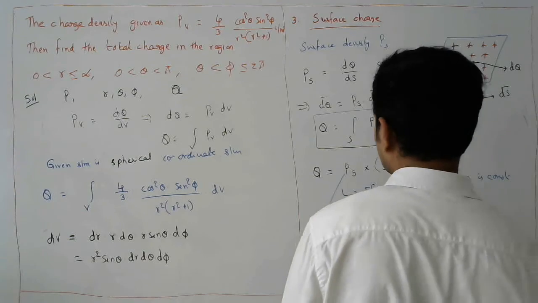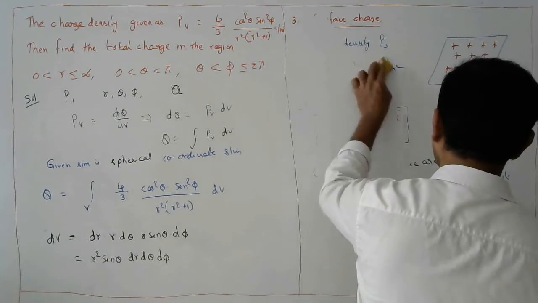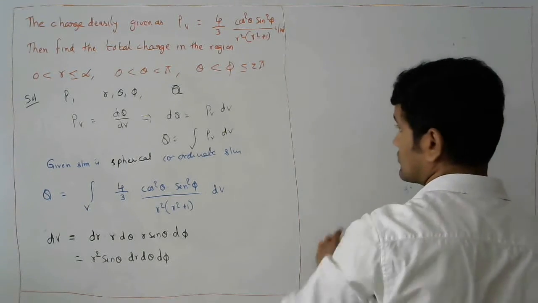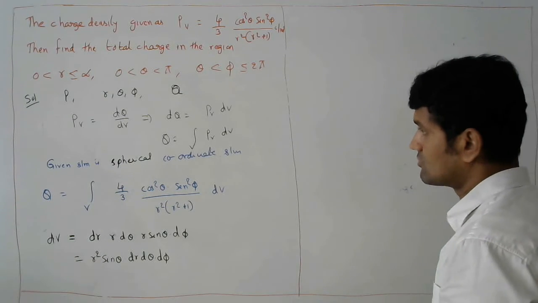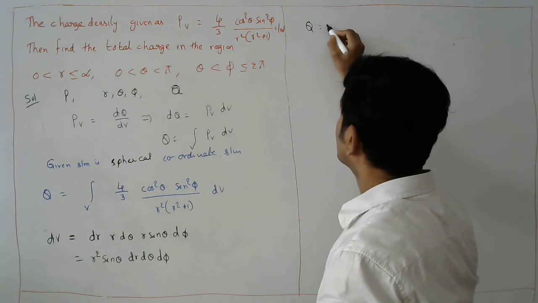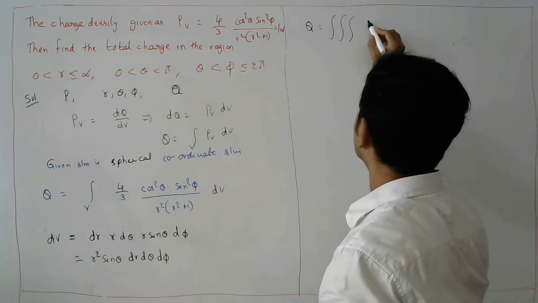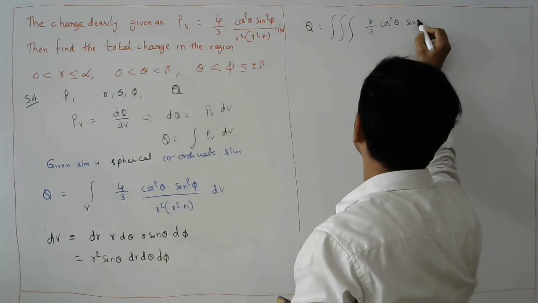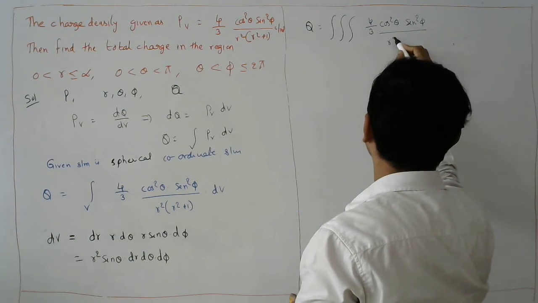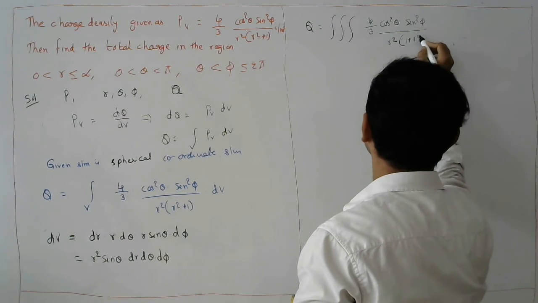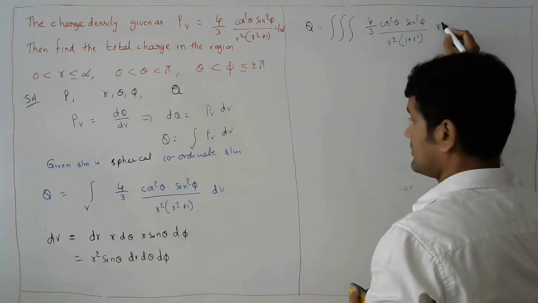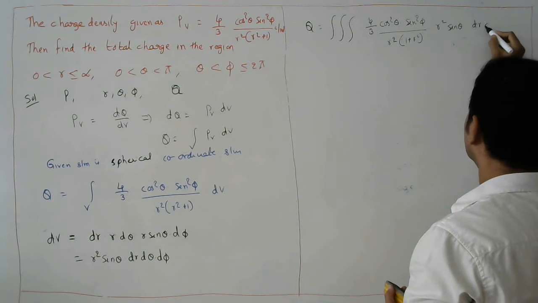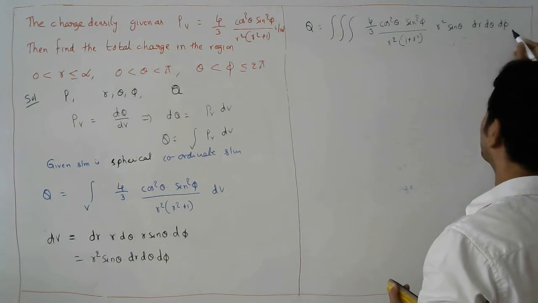Now we substitute that value in the charge expression, and if we do the volume integration, we will get the total magnitude of charge. So we write again q is equal to the triple integration of 4 by 3 cos square theta sin square phi divided by r square into 1 plus r square, into r square sin theta dr d theta d phi.